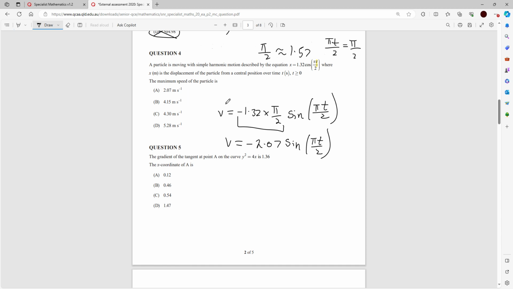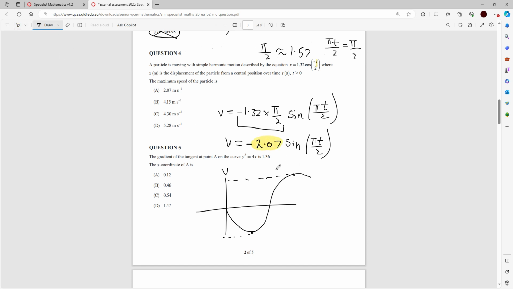Now, the maximum speed is when pretty much, we can see it's a sine curve here. It's a minus sine curve, so it kind of looks something like this, where velocity is here, but its maximum speed is going to be the amplitude, which is the number in front of the sine.